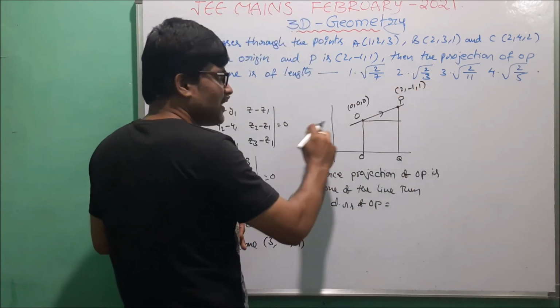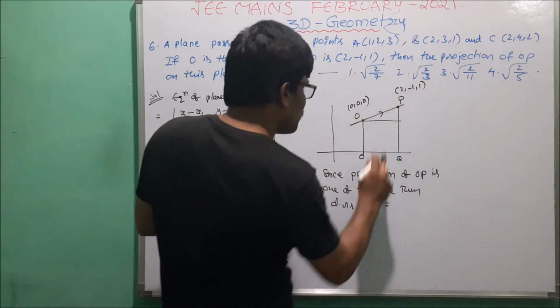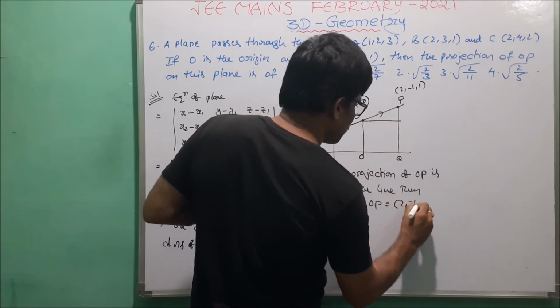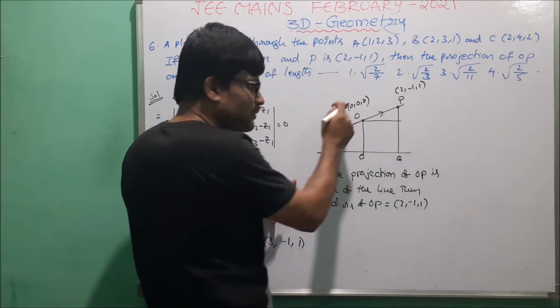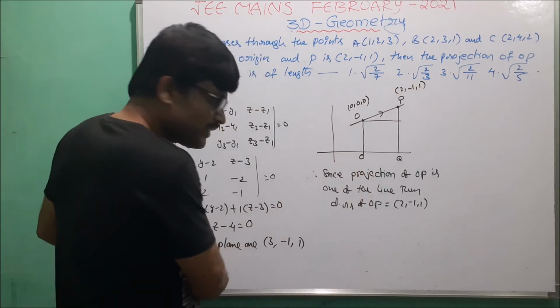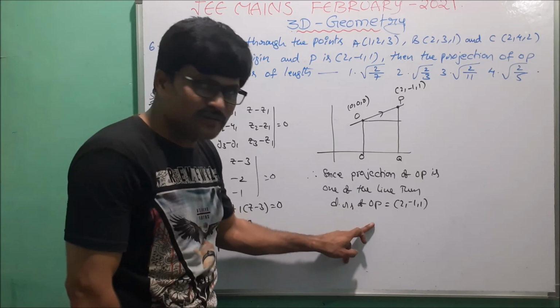Now the difference between x coordinates, y coordinates and z coordinates: 2 minus 0 is 2, minus 1 minus 0 is minus 1, 1 minus 0 is 1. So these are the DRs of the plane, these are the DRs of the line.